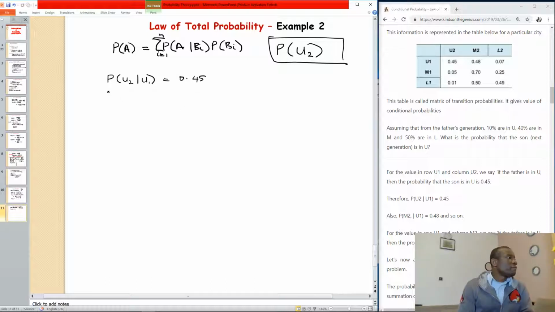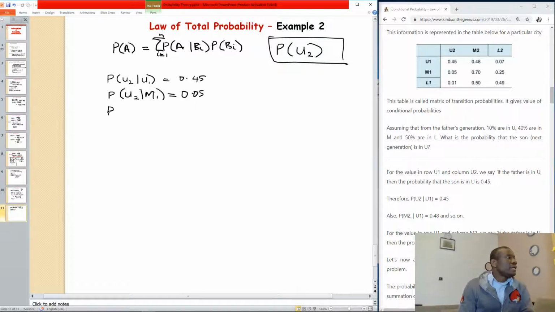We also have the probability of U2 given M1, which is equal to 0.05.